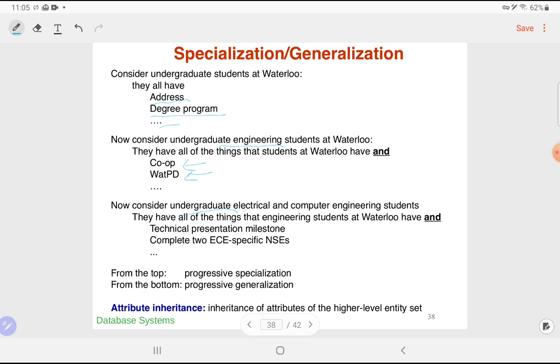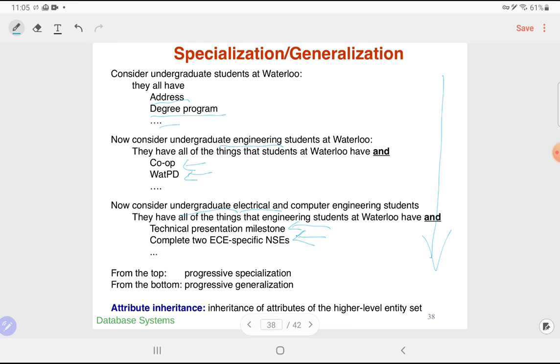Now let's consider undergraduate electrical and computer engineering students. They have all of the things that students have, and all of the things that engineering students have, and they are required to do a technical presentation, they are required to complete 2 ECE-specific natural science electives, etc.